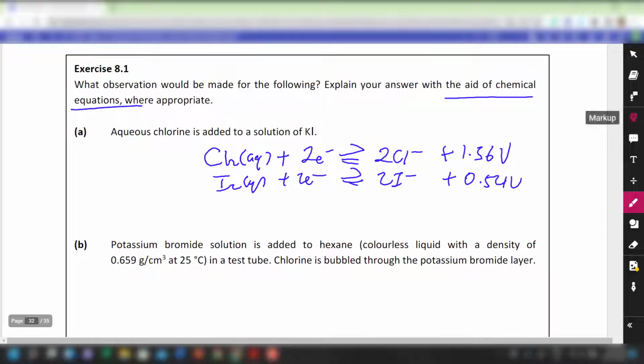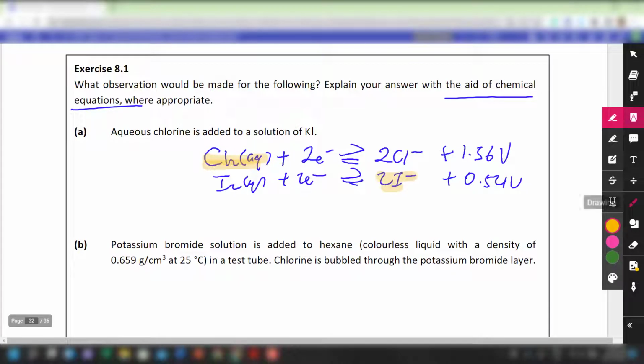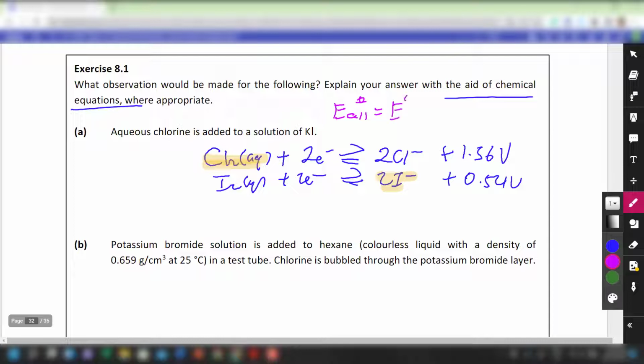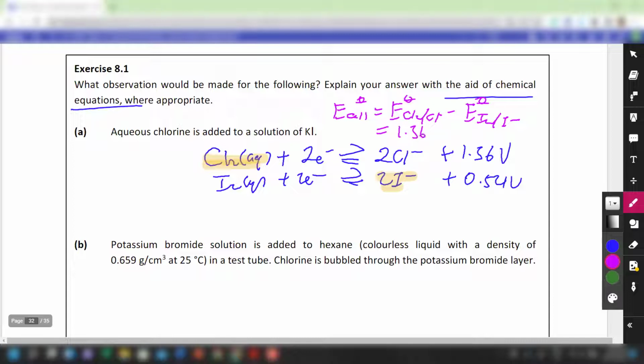Since we are adding chlorine to iodides, I expect, when I calculate the E cell, that E cell should be E reduction minus E oxidation. Chlorine is being reduced, so Cl2/Cl minus, minus the iodide being oxidized, so I2/I minus. This equals 1.36 minus plus 0.54, so I'm going to get plus 0.82 volts.